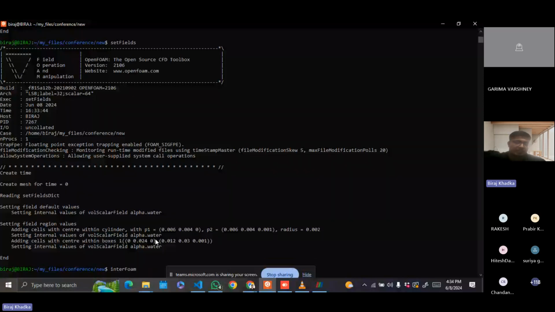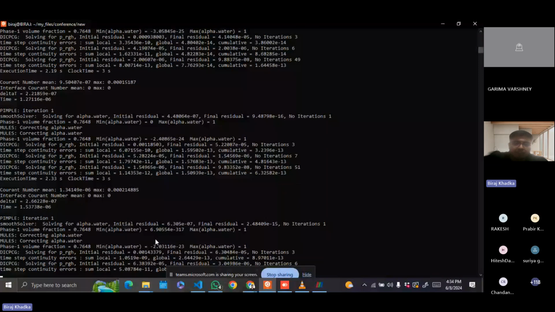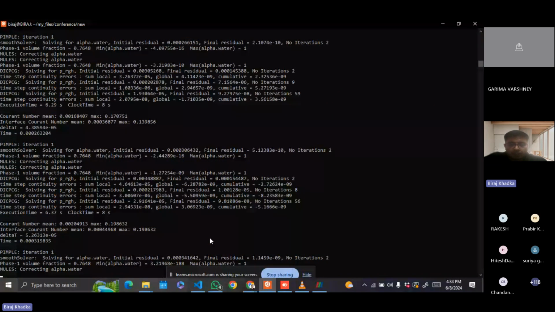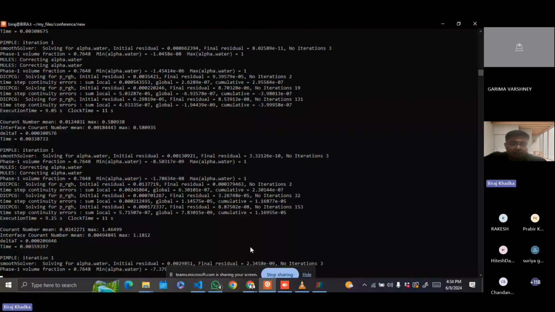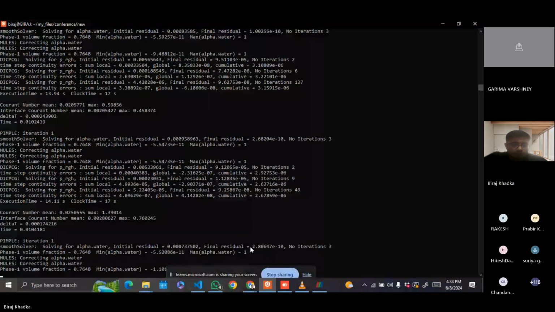This may take a few minutes, but I will surely share the case file with you. As an assignment, at home you can simulate 2 bubbles and see how it goes.